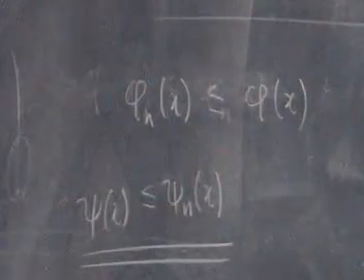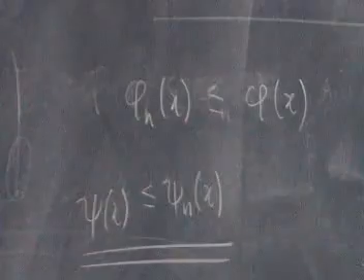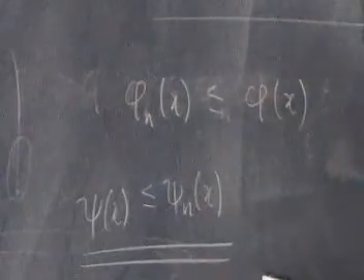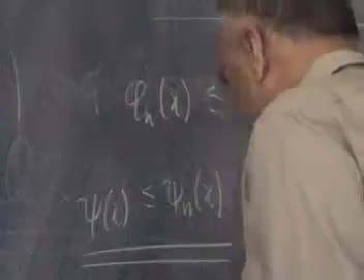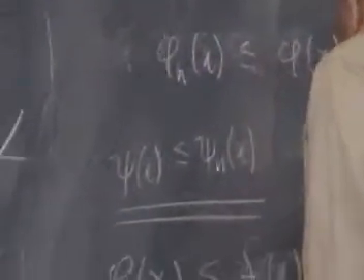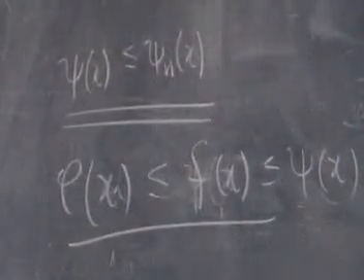So phi x is less than or equal to psi x. Eventually, what you see is that these phi n's are on this side, and these psi n's are on this side. The phi n's and psi n's are neatly separated. Is it less than or equal to? Because each phi n x is less than or equal to f x, and they are both sup and inf also. So we have got this situation.